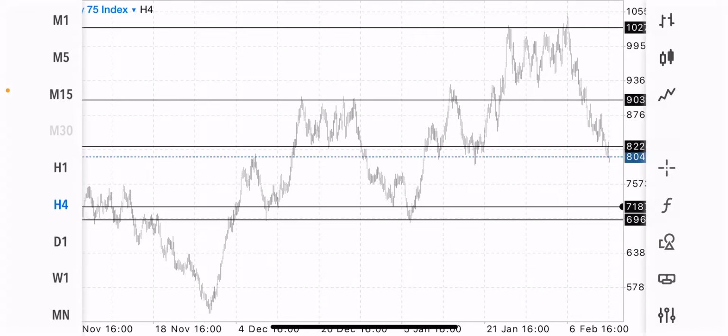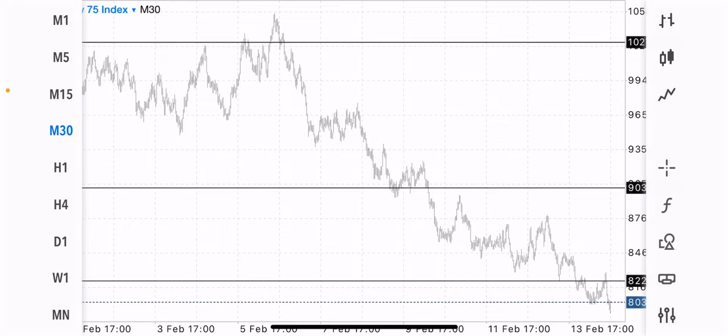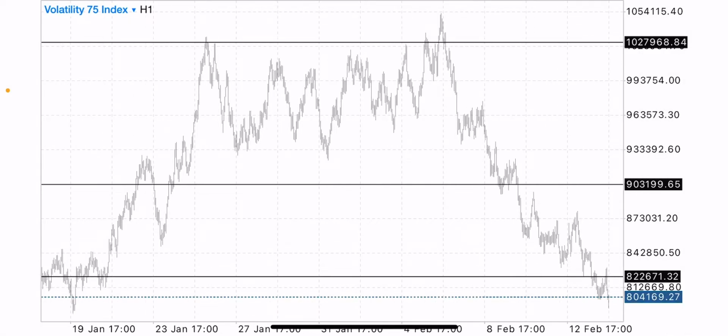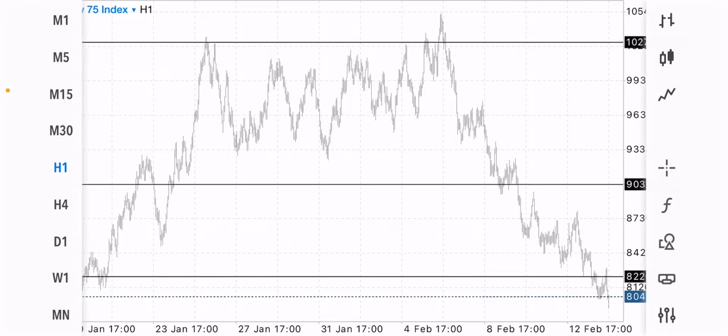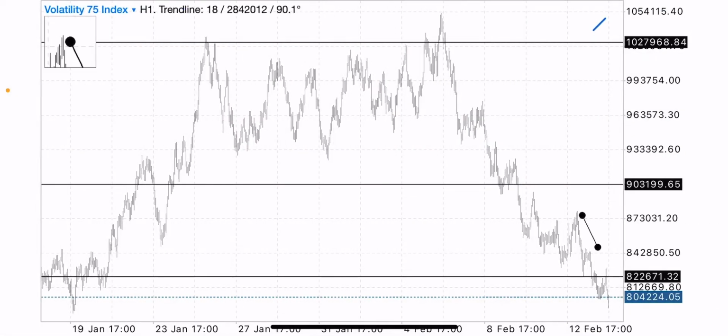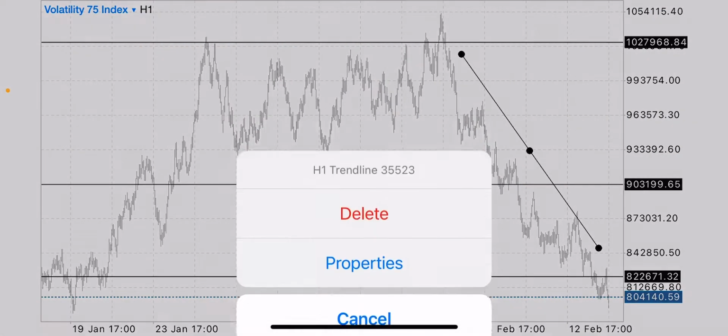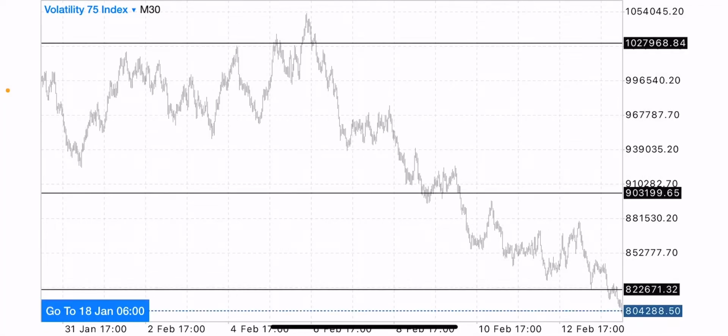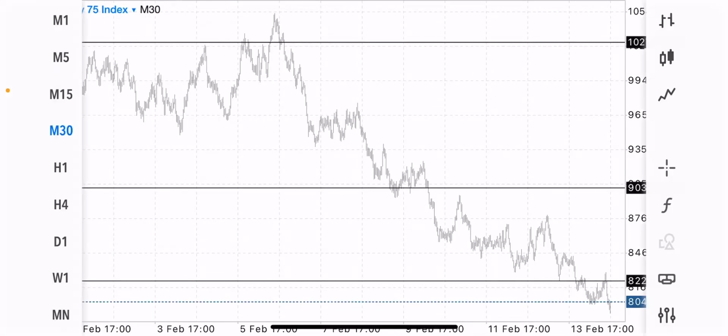So now if you go to the 30 minutes, we see if you come to the 1 hour, in this 1 hour now we are not seeing it clearly. You can use 1 hour for your trend analysis, or 30 minutes. But if you look at it here, us trying to draw our trend, you see we are not seeing it clearly. So we go to the 30 minutes, so this chart will be zoomed closer to us.